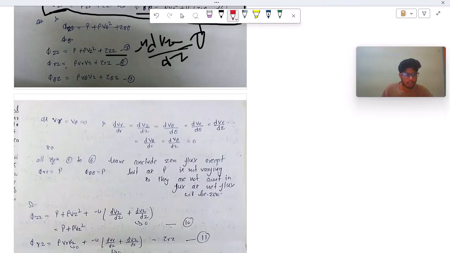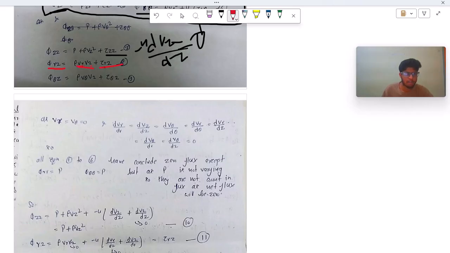Coming to the next term, phi r z, z momentum in r direction, which is written as rho Vr Vz plus tau rz. Here Vz exists, but Vr is not, as Vr is 0.